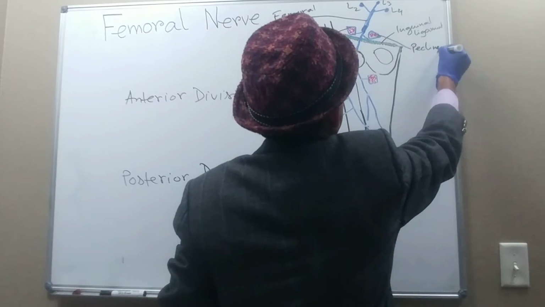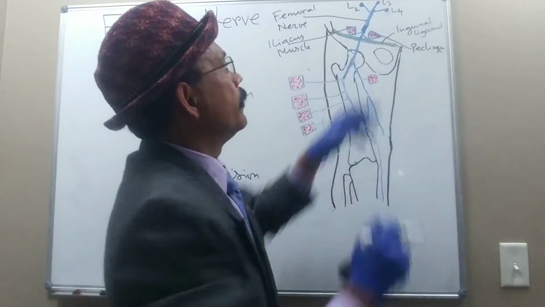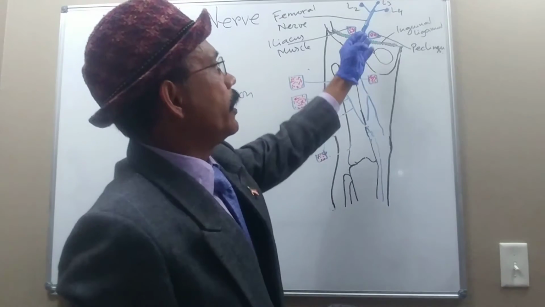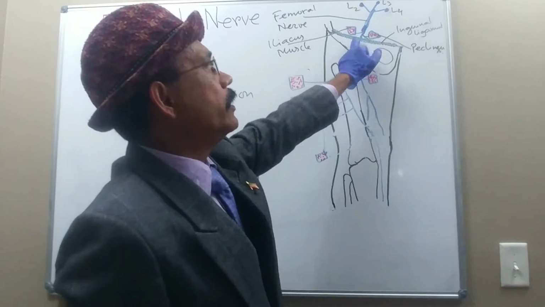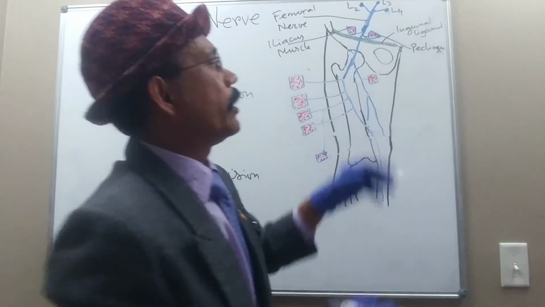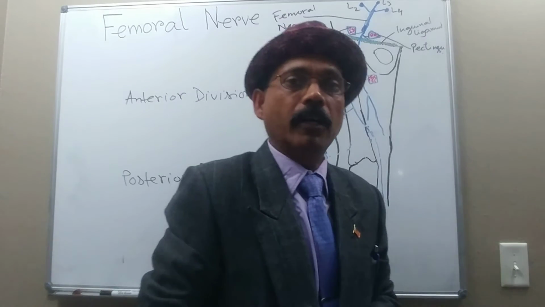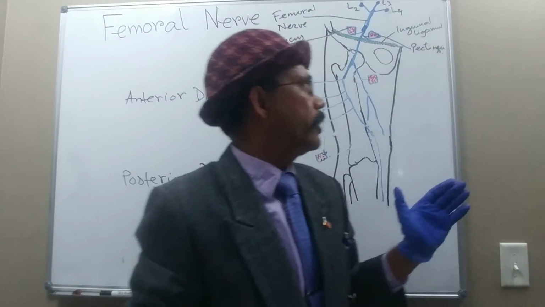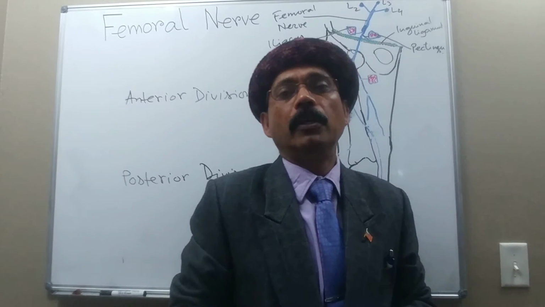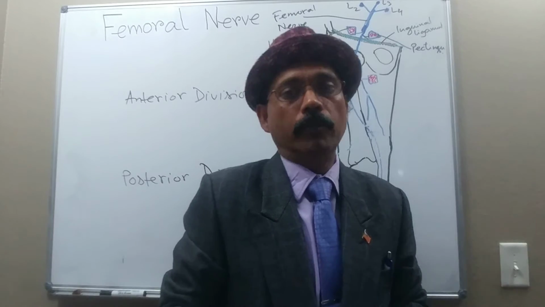The pectineus may have dual innervation; it may be innervated by the obturator nerve also.